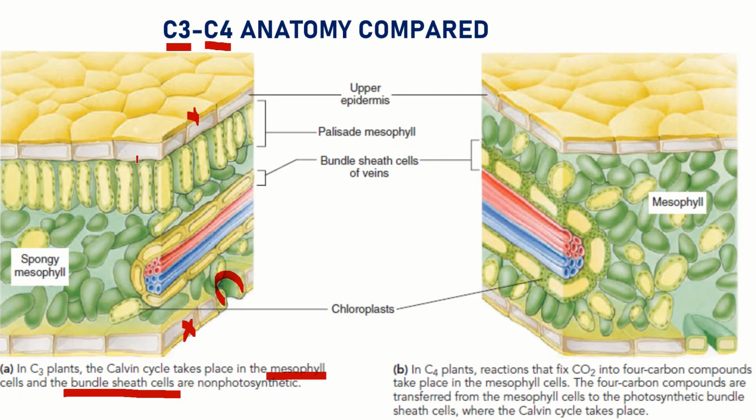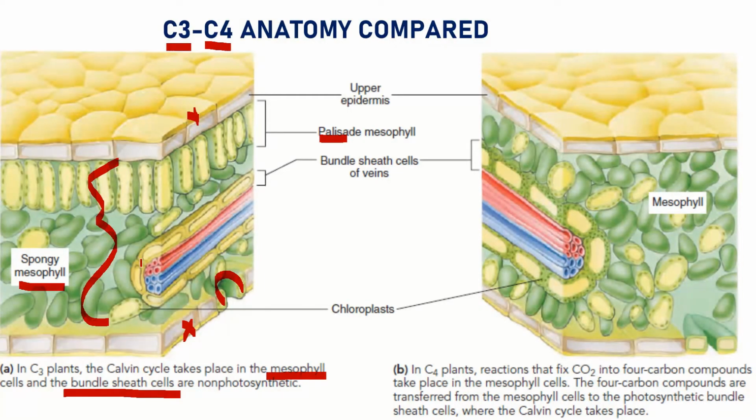And in between the two epidermis, whatever you see here is called mesophyll. Whatever we see here is called mesophyll. And in dicotyledons, we may say it is divided into two, or can be distinguished into two, that lower spongy mesophyll and upper palisade mesophyll. Okay, this is the vascular bundle.